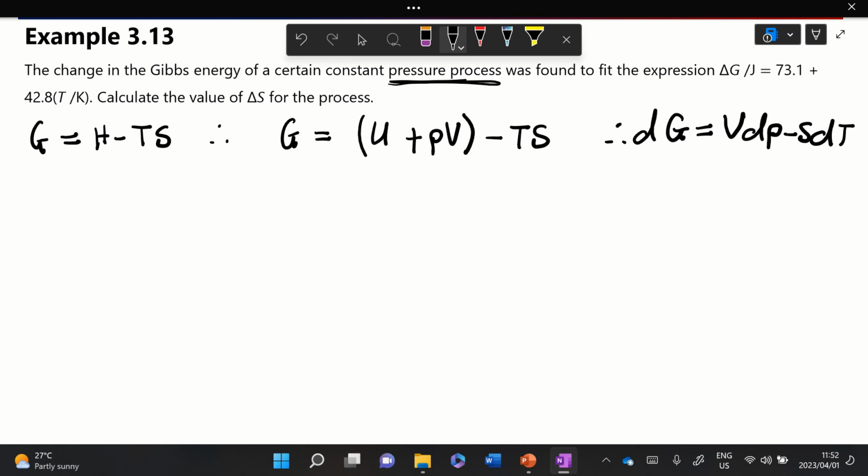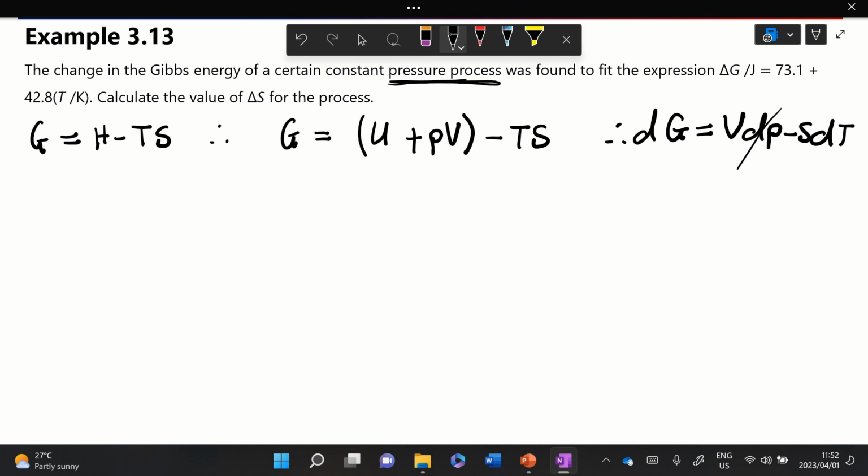Right, you'll get to something that says that, but what is that essentially? That is one of the fundamental equations, the fundamental equation for the Gibbs energy, as we've spoken about in class. So you can just start there from the beginning. We had a constant pressure process, which means the change in pressure is zero.